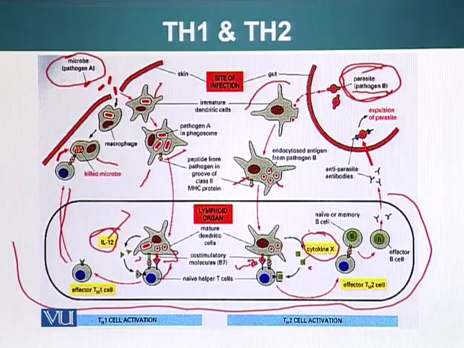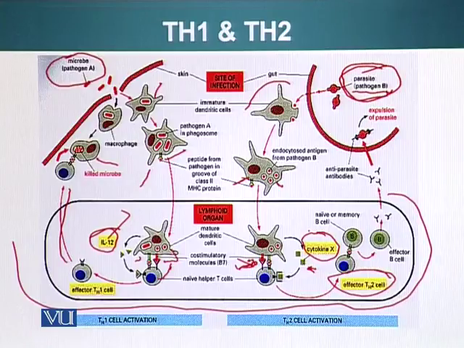These two signals are required for T cell activation. This signaling molecule is required to guide the T cell into a particular lineage, which happens to be effector helper T cell type 2. Helper T cell type 2 will not go and stimulate the macrophages or cytotoxic T cells, which was the case for helper T cell type 1.